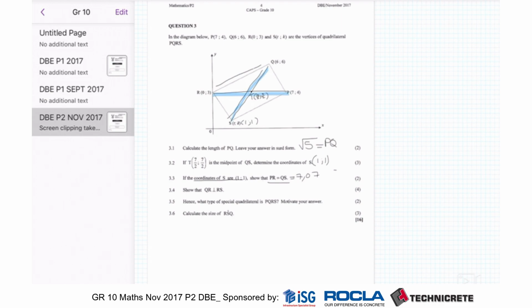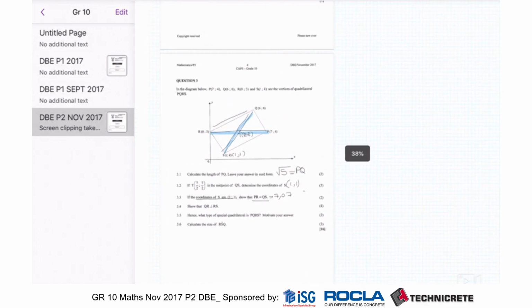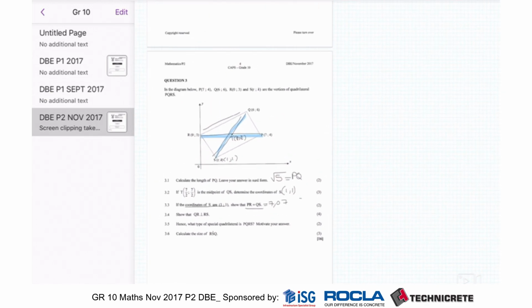Remembering that gradient times gradient, if it's equal to -1, they are perpendicular. That is a very important rule, so I'm going to write the rule here. Gradient A times gradient B is equal to -1. That means they are perpendicular. If gradient A is equal to gradient B, that means they are parallel.